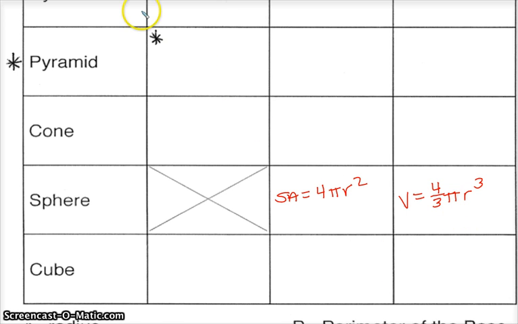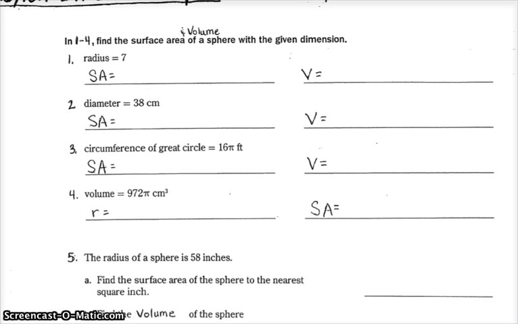All right, take a look at the front page in your packet, and we're going to try a few examples. In question number 1, the radius is given to us. The radius is 7, and that's very important. Since the radius is given to us, we can go ahead and start to just plug into our formulas.